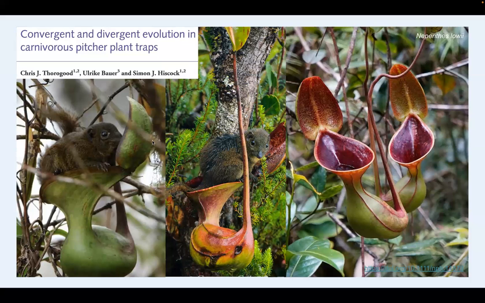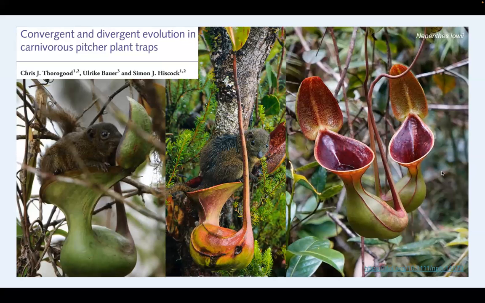The animals are attracted. They come and they lap up some nectar that's produced on the lid, the cap structure of this pitcher. So they come, they're getting some nectar. This is a plant attracting an animal. And the positioning of the animal while it's there lapping up nectar is that its bottom is right over the pitcher, dropping some nutrients in.